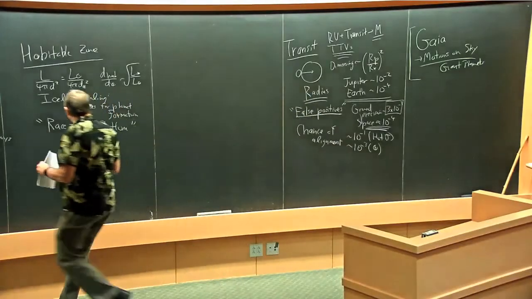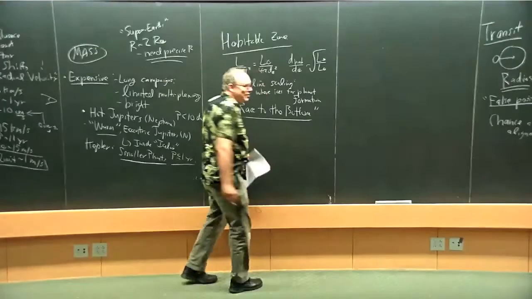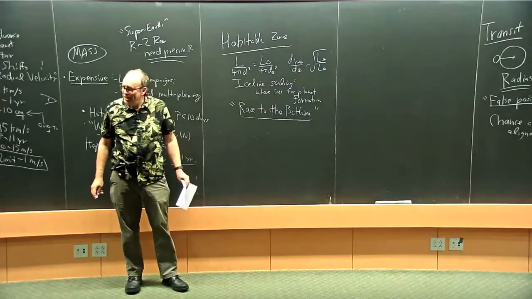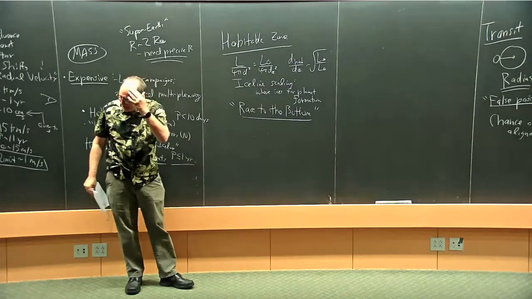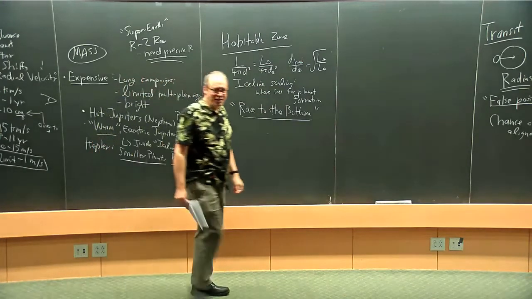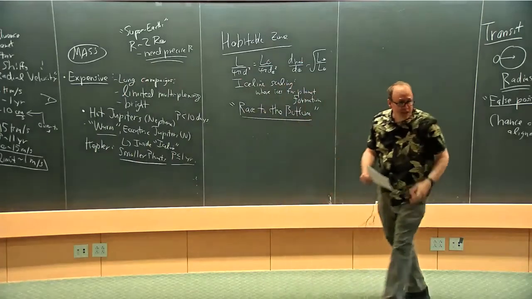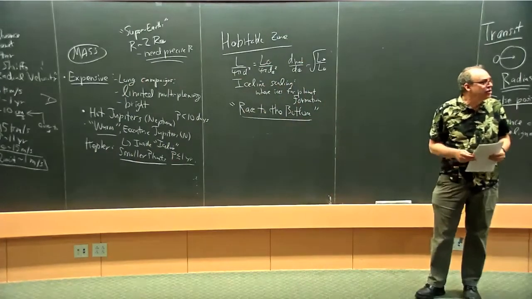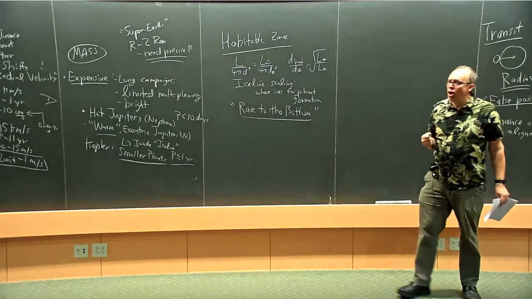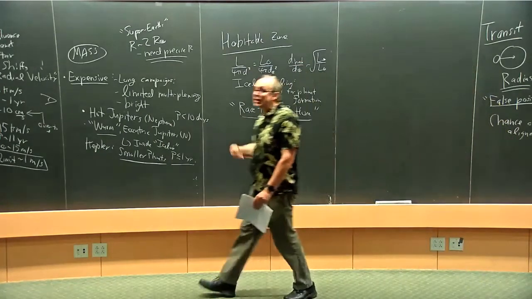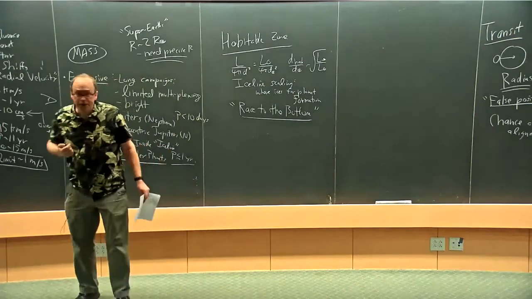There are, of course, other issues with this race to the bottom, as we'll get to. You can count me as a mild skeptic in terms of the overall wisdom of this particular approach. One of them is quite simply that very, very small stars are intrinsically faint, and that means we don't know very much about their properties. We know much less about their properties from a technical point of view.